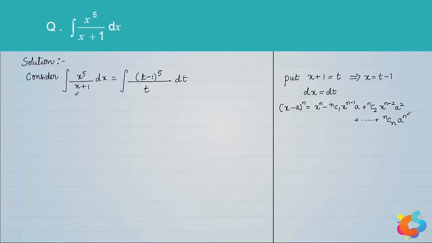So here in place of x we have t, in place of a we have 1, whereas n is equal to 5. So we'll use this expansion and write the expansion of (t minus 1) whole power 5.